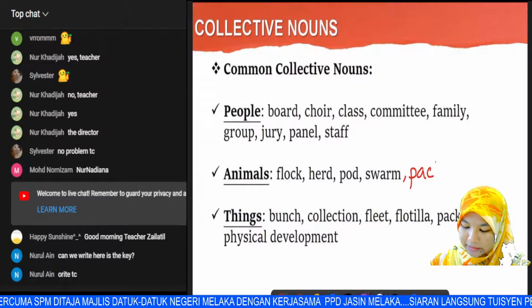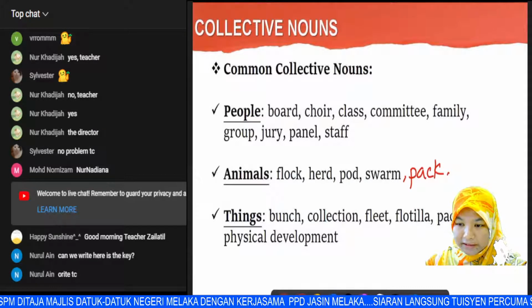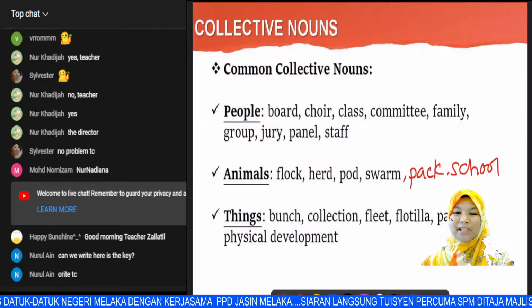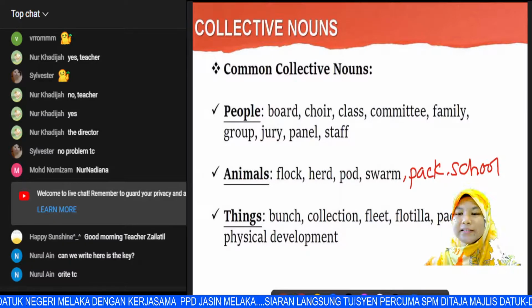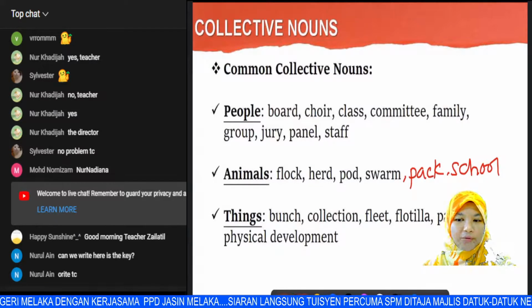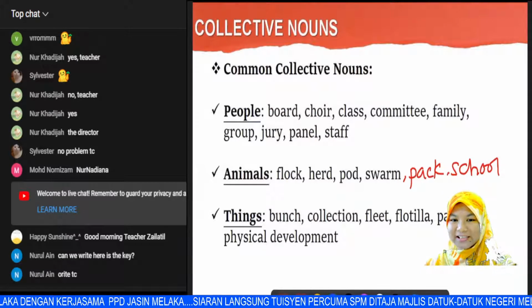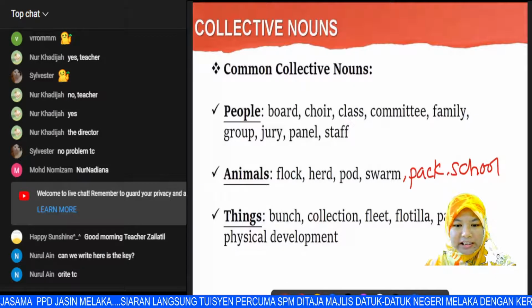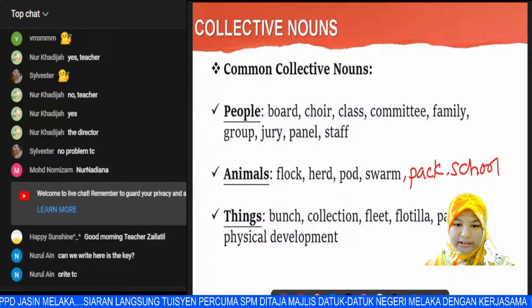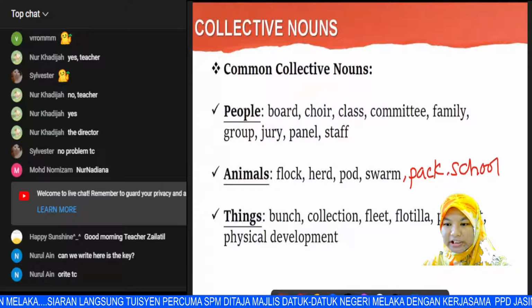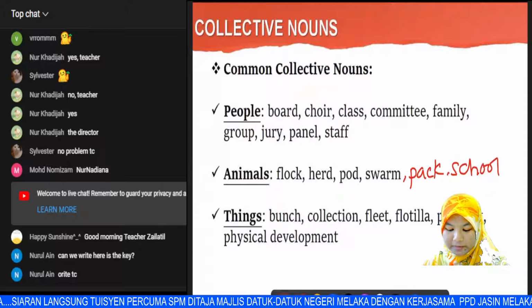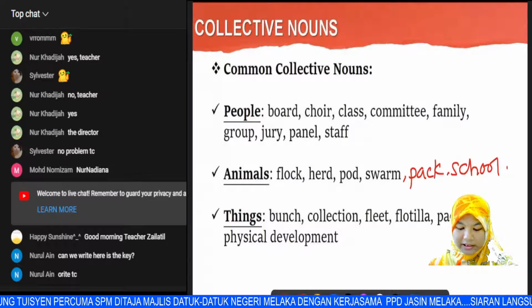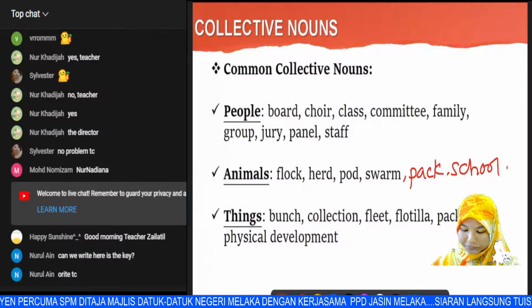And we also use the collective noun school. A school of fish, a school of dolphins, a pack of wolves, a herd of cows, a swarm of bees, a flock of birds. And then for things, we usually use bunch, collection, fleet, flotilla, pack, set, or physical development. That would be some common collective nouns that we use.